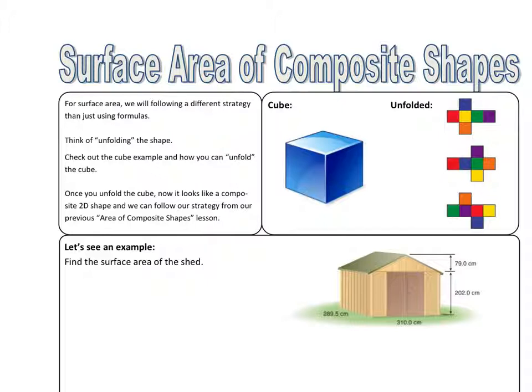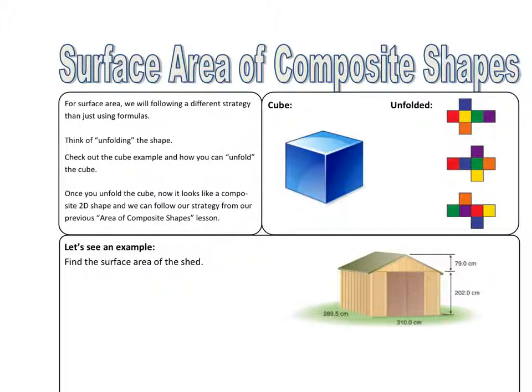If you see beside here, I have a cube, and beside it, a representation of the cube unfolded, what's called a net. You can see all the different sides of that cube. When you fold it up, it gives the shape of a cube instead of it flattened out.